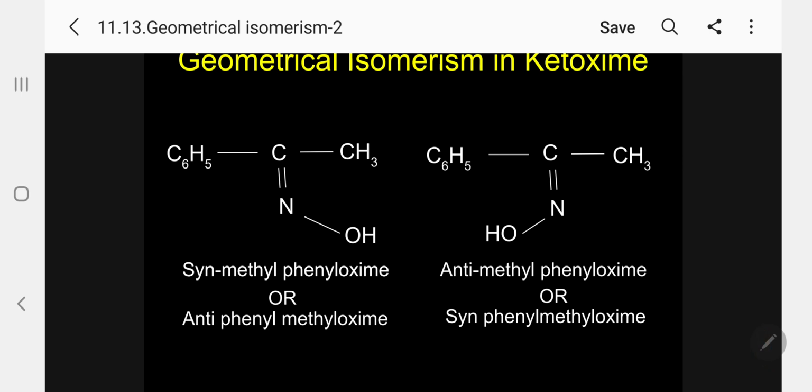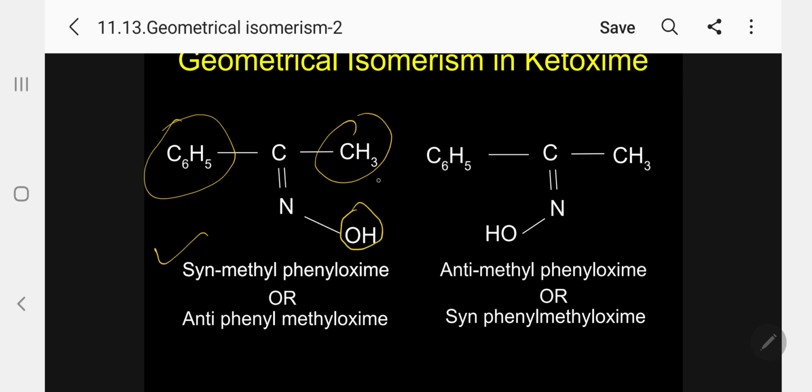Now I am using ketoxime. In one case a phenyl group, in another case a methyl. So they are different. Now, we should be very careful. Only unsymmetrical ketoximes will show geometrical isomerism. The first one I will call syn methyl, kindly follow.